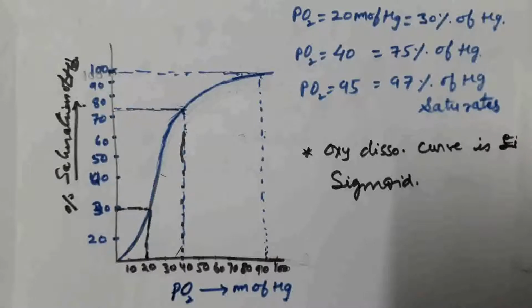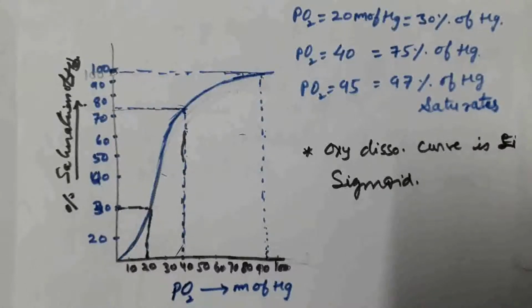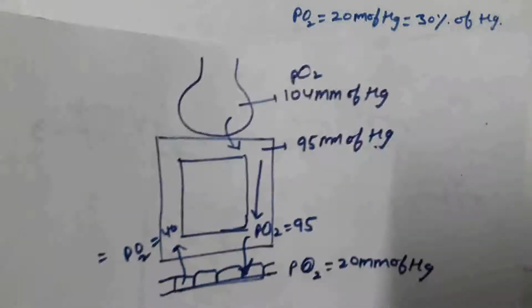Why are we discussing only these values, that is 20 mm of mercury, 40 mm of mercury and 95 mm of mercury partial pressure of oxygen? In the previous lecture we discussed the transport of oxygen.